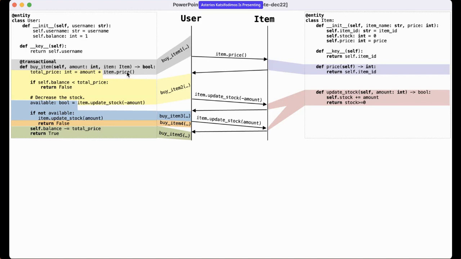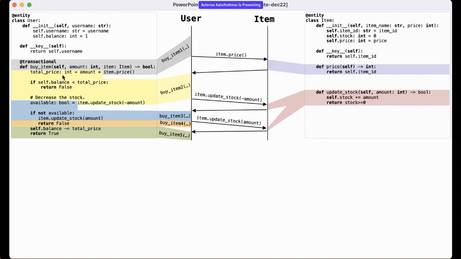Again, if you are running in a Dataflow engine, this remote call is going to be on some other operator running possibly remotely, and most probably. So you will stop here, go and execute that price. The price will return the value. And then again, with an event that travels through the Dataflow graph, you're going to receive an answer to your call, and you are ready to start the yellow part.